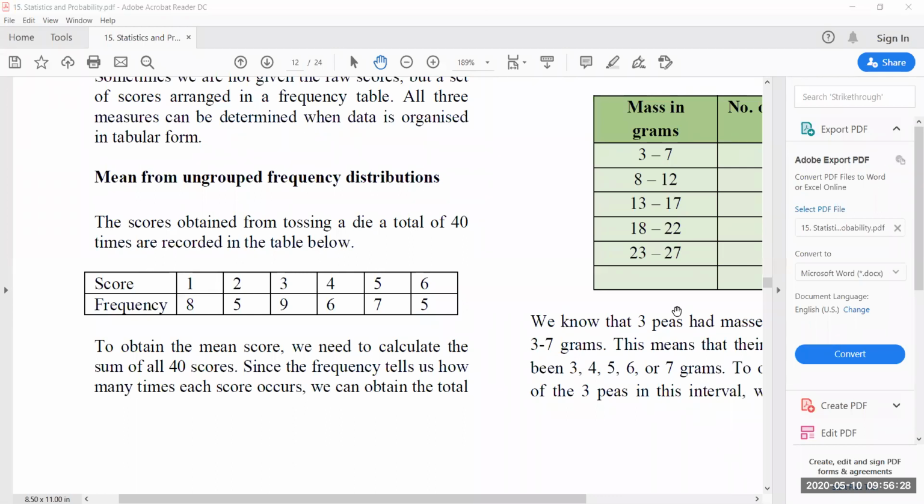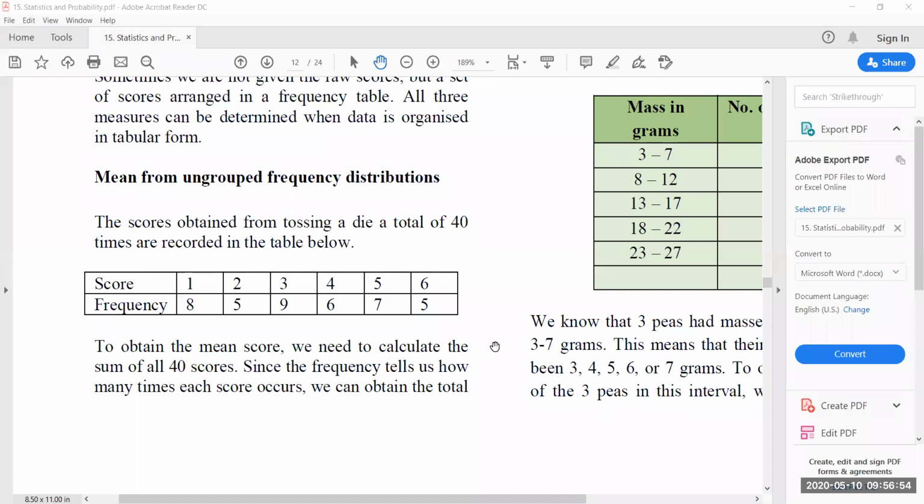Three, correct. 3 is the most frequently occurring number because it came up 9 times out of the 40 times. It came up the most. Now to obtain the mean score, we need to calculate the sum of all 40 scores, since the frequency tells us how many times each score occurs.